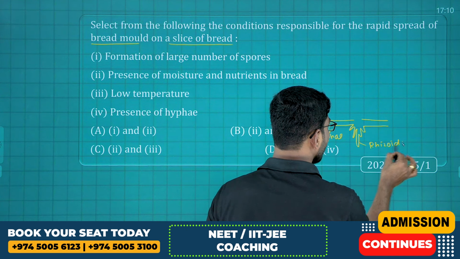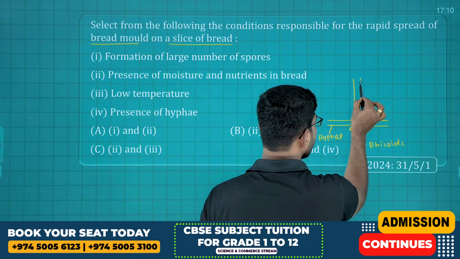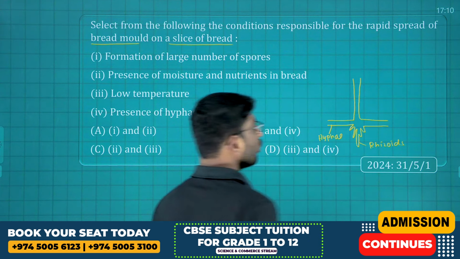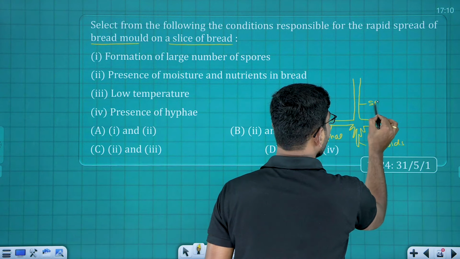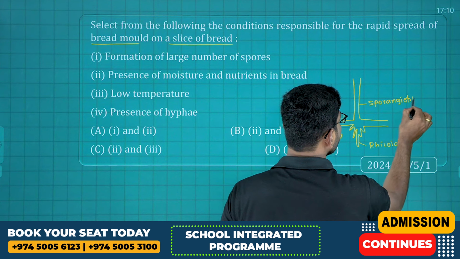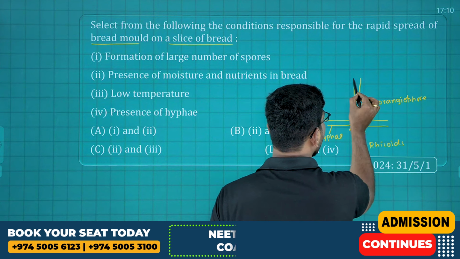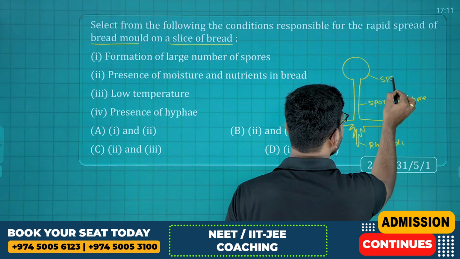Remember, rhizoids. And at maturity, they develop one stalk-like structure. What is this stalk-like structure called? Sporangiophore.